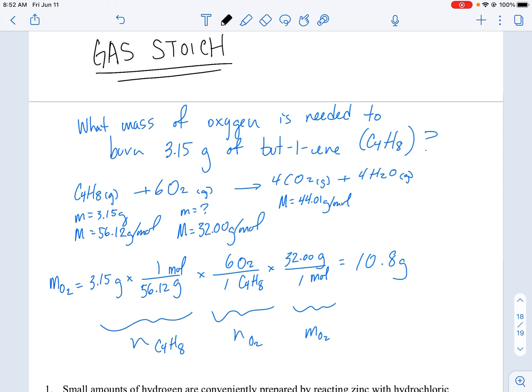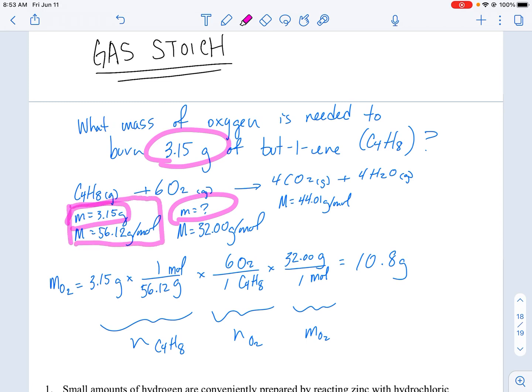They gave us the mass of a chemical. So that mass is here. And they're asking us what mass of oxygen do we need? So we're always going to be given enough information to get the number of moles of one of the chemicals. So for this question that we did previously, we've got the mass for this chemical, so I can get the number of moles.